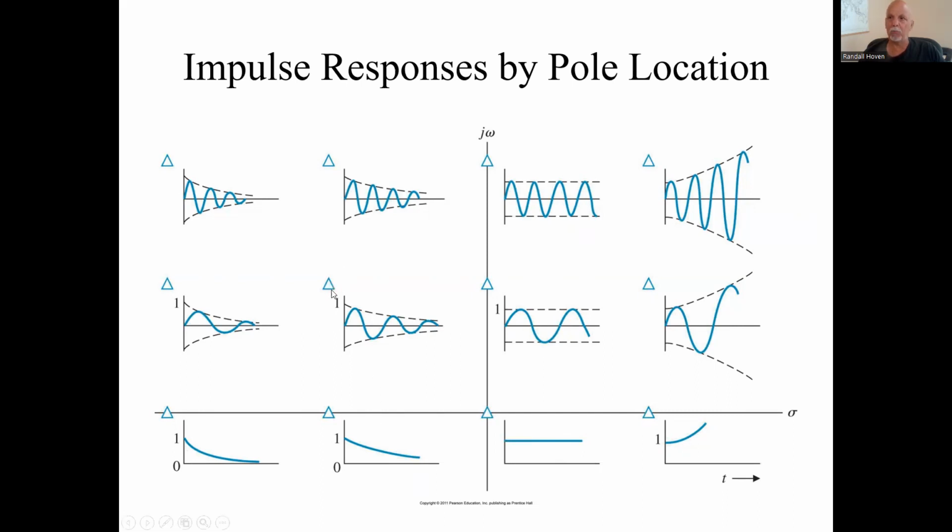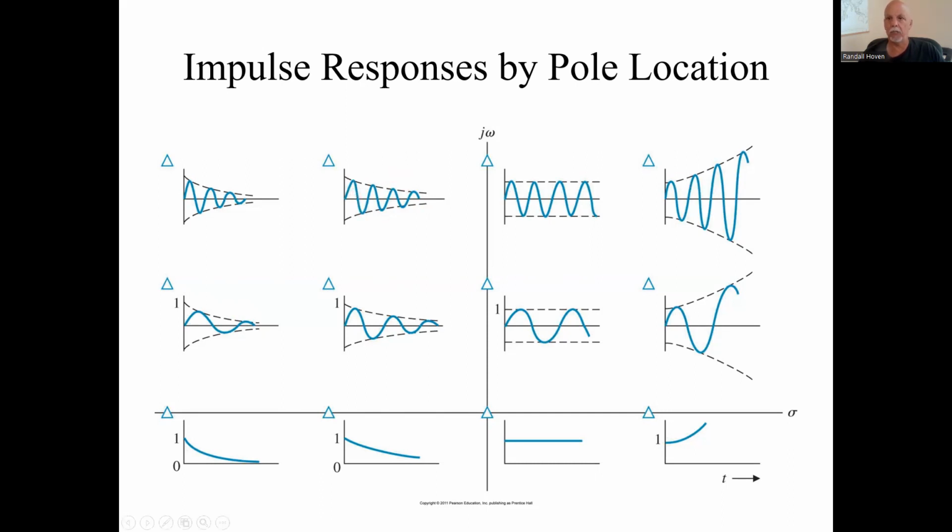If the poles are complex, then you get oscillation. How far left in the complex plane tells you how fast that envelope decays, and how far up tells you how fast the frequency is. The higher up in the imaginary axis, the higher the frequency.